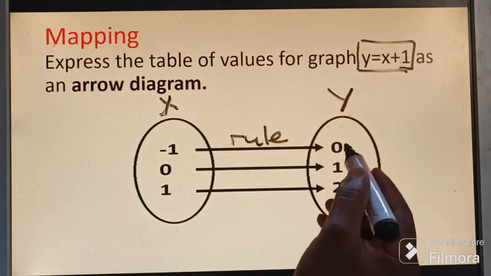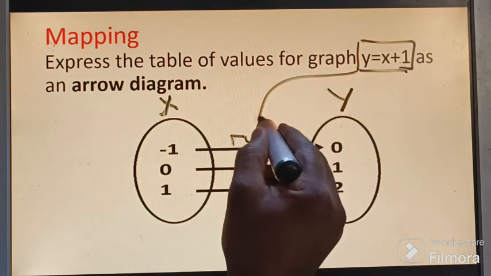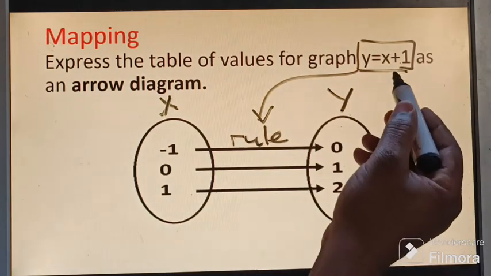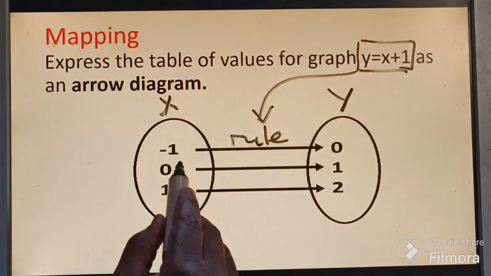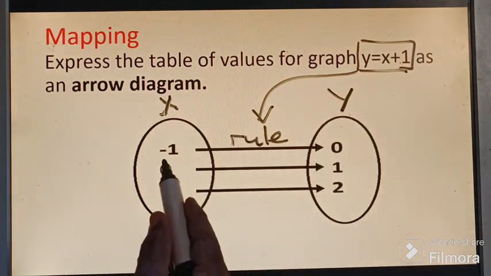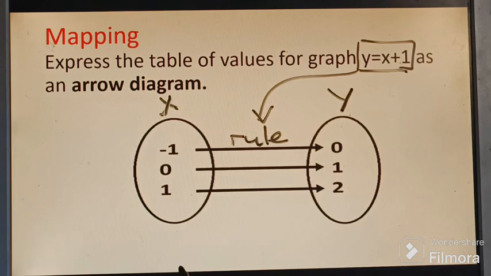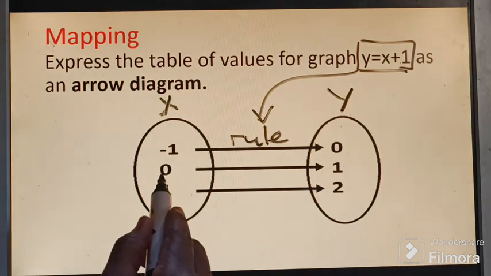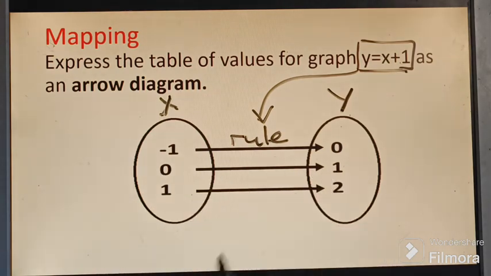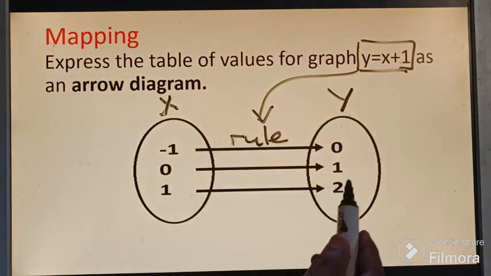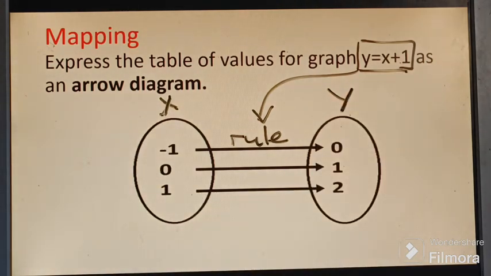Following this rule, -1 is related to 0, 0 is related to 1, 1 in x is related to 2 in y, like that.